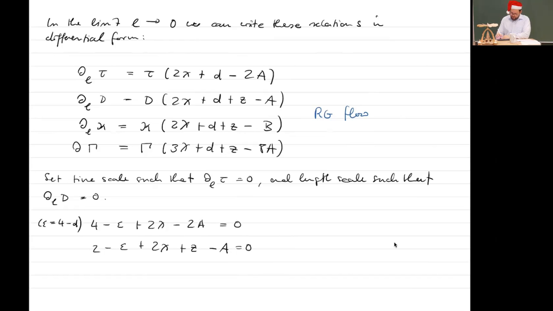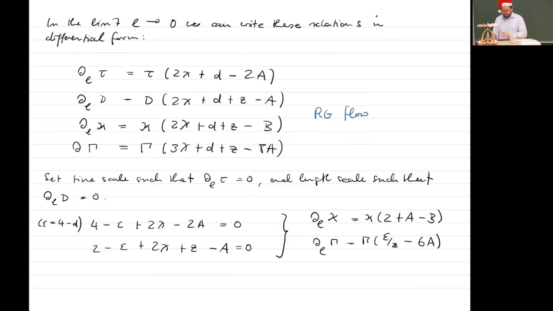And with this, I'm left now with two flow equations, one for kappa and one for gamma. Kappa is 2 plus a minus b. Gamma is gamma times epsilon over 2 minus 6a. So that looks already a little bit nicer.